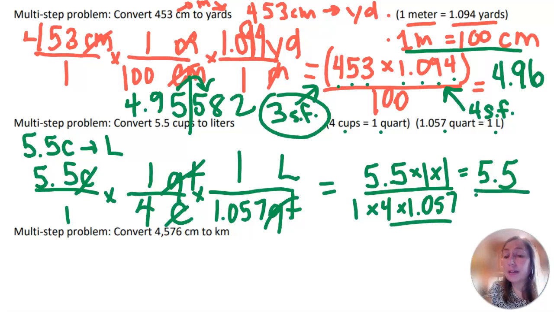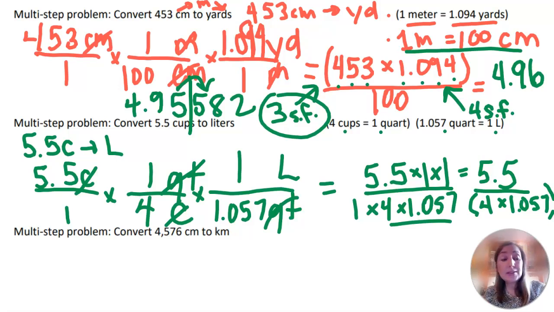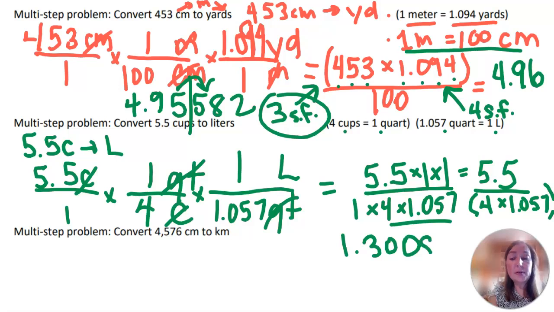Personally, I put that all in my calculator at once with parentheses, though. I like to do everything at once. So I do 5.5 divided by, do a parentheses, 4 times 1.057, close the parentheses, and then I get 1.3008551. I mean, you could just go on and on, right?